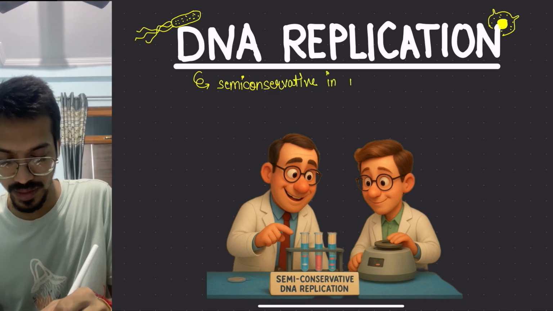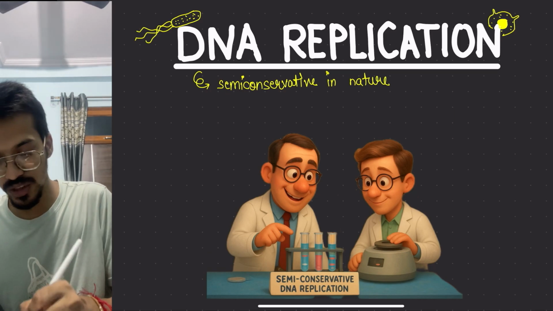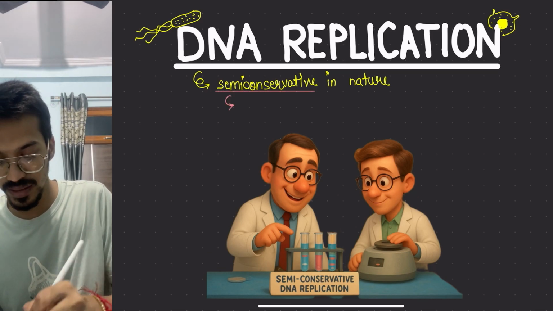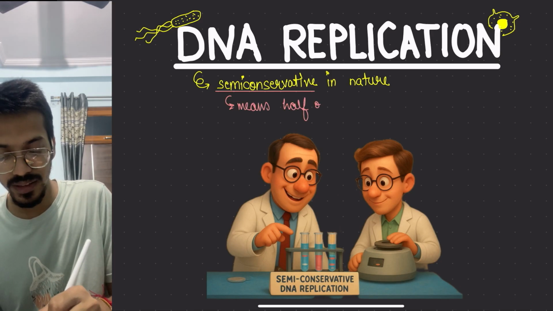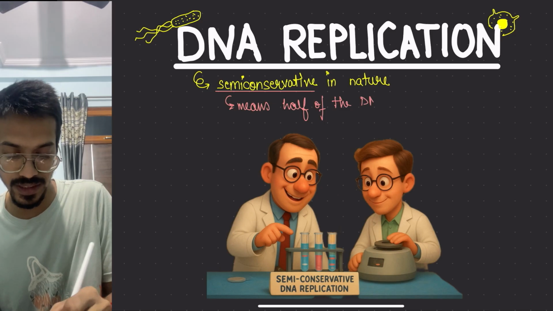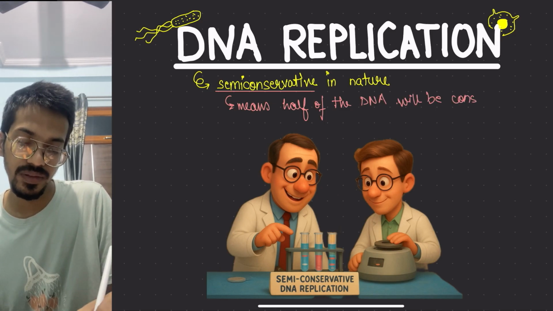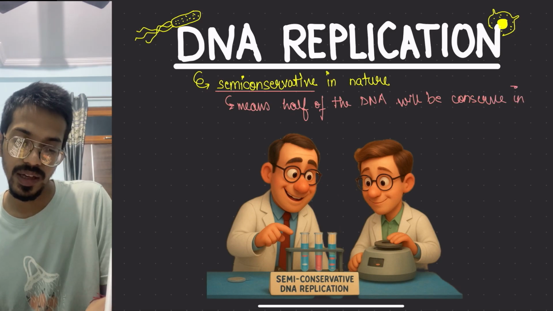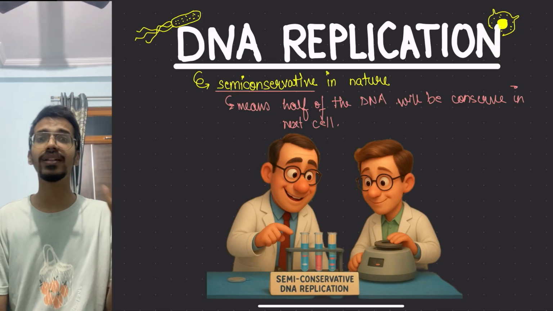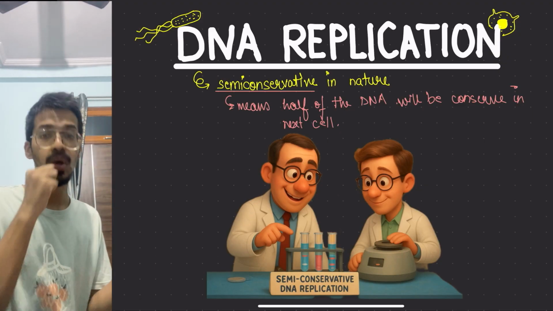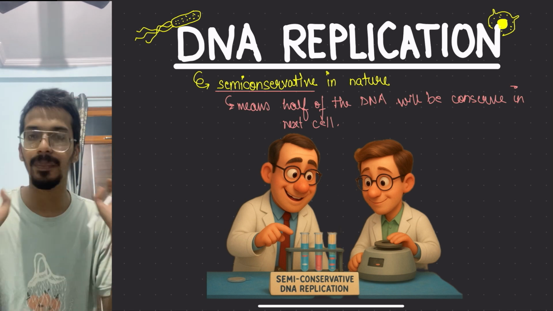Semi-conservative in nature, which I am explaining over here, means half of the DNA will be conserved in the next cell. It won't matter whether the cells are two different cells. One strand will go to one, the other will go to the other one, and its replicated form.